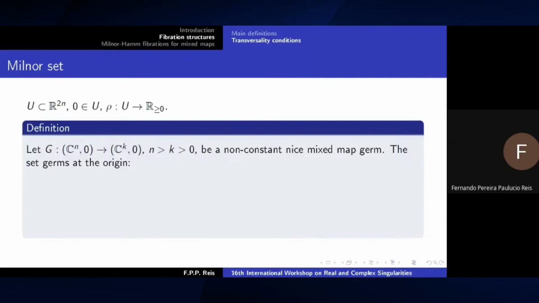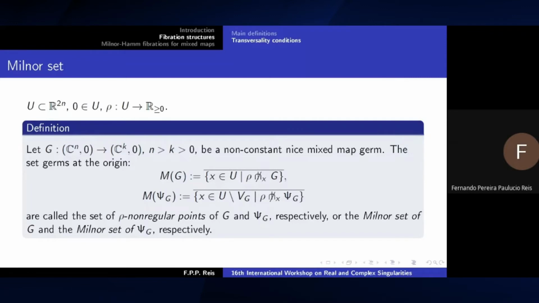The set germs at the origin MJ given by this, and MPCJ defined by this, are called the set of non-regular points of G and PCG respectively, or the Milnor set of G and the Milnor set of PCG respectively.